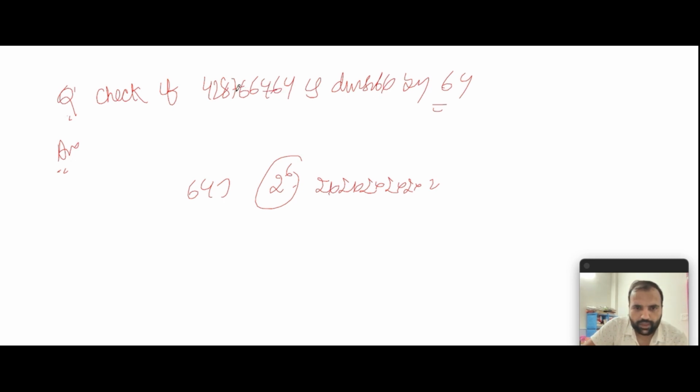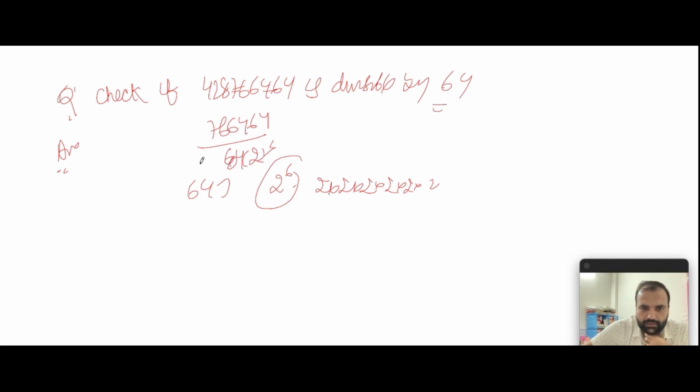So we see 766464. If it is divisible, we would achieve our goal very easily. Now we can further break it down. It's not that we have to divide; we can write 64 as 2 to the power 6 over here.